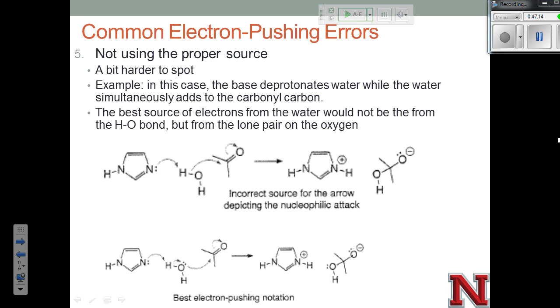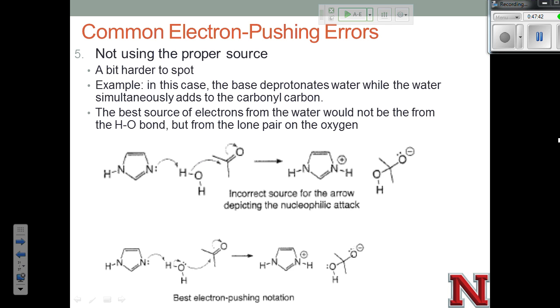A better source, and this is more a way to follow the electrons, would be the lone pairs forming onto the oxygen and then this lone pair donating. Because it's much more likely that instead of the electrons in this bond being directly given, they would instead go to oxygen. And this would only be because experimentally, it was shown that this all happened in one step.